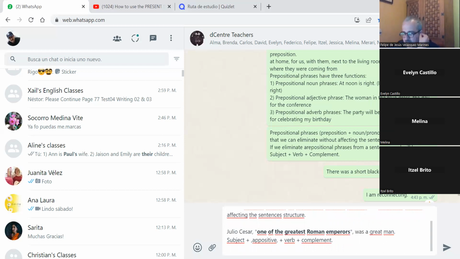However, there might be a case where the appositive comes at the beginning: "One of the greatest Roman emperors, Julius Caesar, was a great man." This is normally used. Remember that anything we invert, that we front, is putting something at the beginning. So we front for emphasis. It's not the same to say "Julius Caesar, one of the greatest Roman emperors, was a great man" as "One of the greatest Roman emperors, Julius Caesar, was a great man."